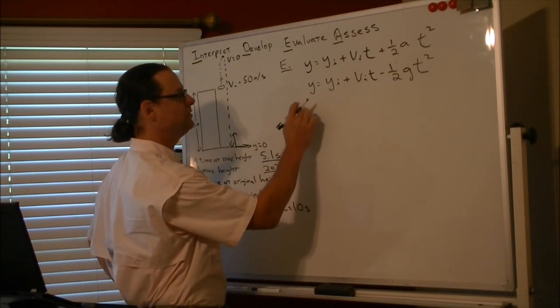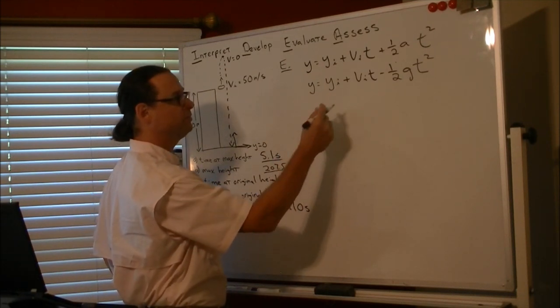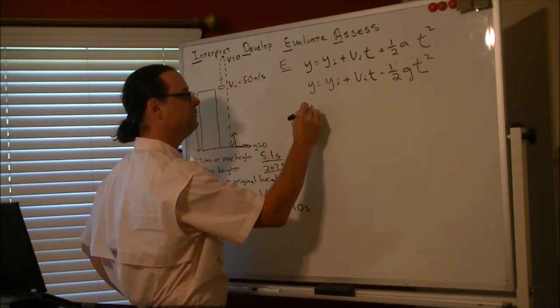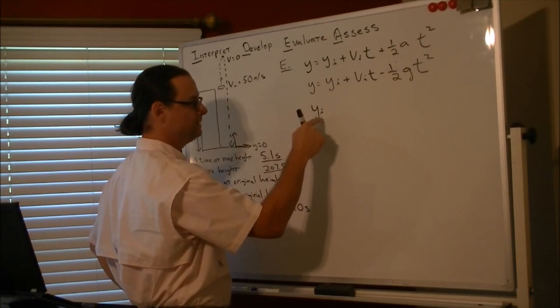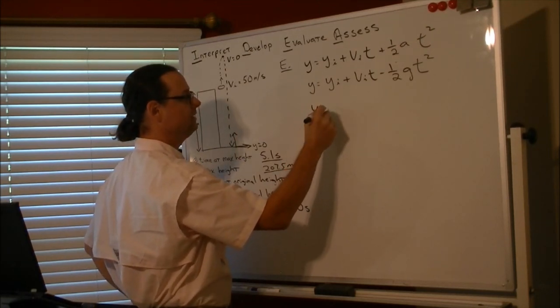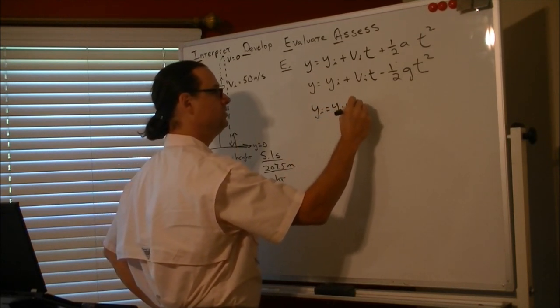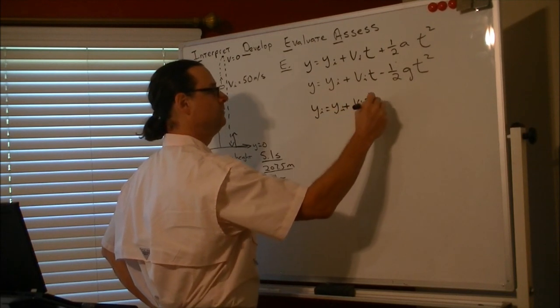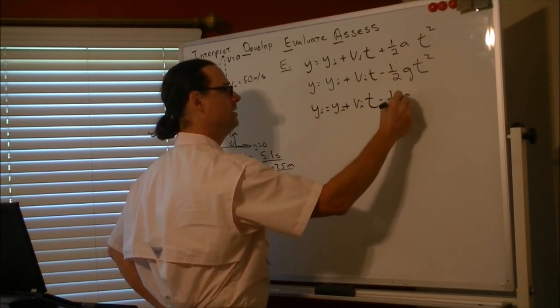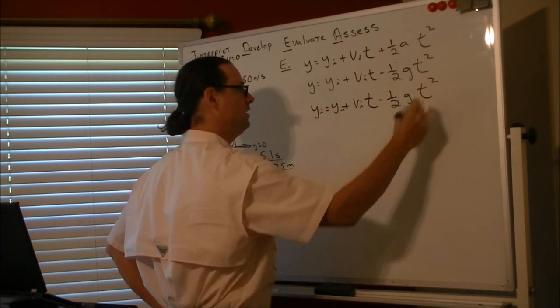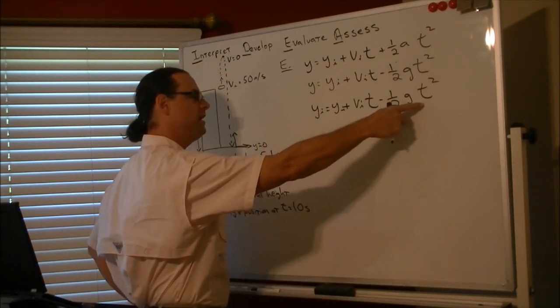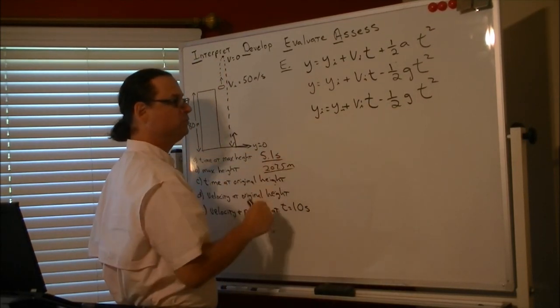So let's just keep it symbolic here to keep the math a little simpler and plug in numbers at the last step. So y initial is now y final, so we plug in that there. Y final equals y initial plus v initial times the time minus 1/2 g t squared. And what we're doing is we're solving for the value of t, where y final equals y initial.